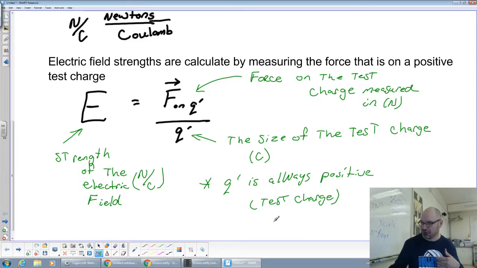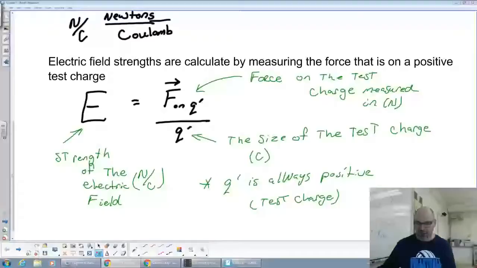We always have to know what that size is. It's a pretty straightforward equation, so let's look at a couple of simple examples: calculating the electric field, calculating the test charge, calculating the force. We'll do a couple of examples of that on the next page.